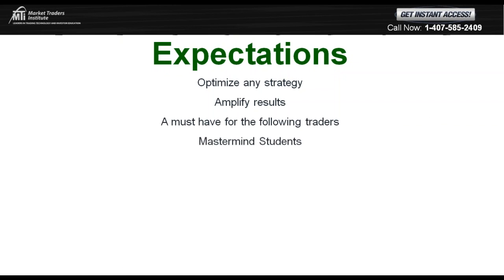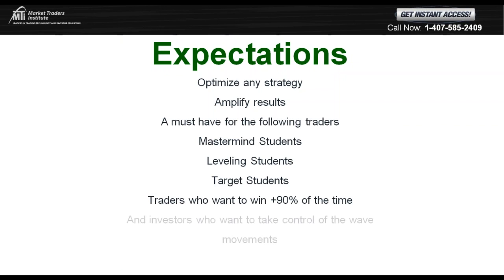Amplifying results is a must-have for the following traders: if you're a mastermind trader, a leveling trader, or a target trader, you really need to be typing your telephone number into the question section box and expressing your interest, because you already know it's going to optimize your returns. Traders who want to win upwards of 90% of the time, and investors who want to take control of the wave movements, you're already seeing my "I know nothing, but I still want to win 90% of my trades" strategy. You know that works, and it works very, very well.